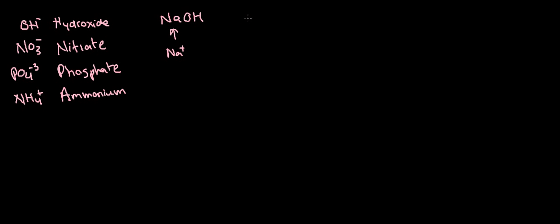So I take the cation, use the element's name, sodium. And then normally for the anion, I would have taken the element and added IDE at the end. But here I can see that the anion is OH minus. And it's a polyatomic ion, made of more than one element, in which case I just use its name, sodium hydroxide. In this case, I guess hydroxide already had an IDE at the end, but that's just a coincidence.